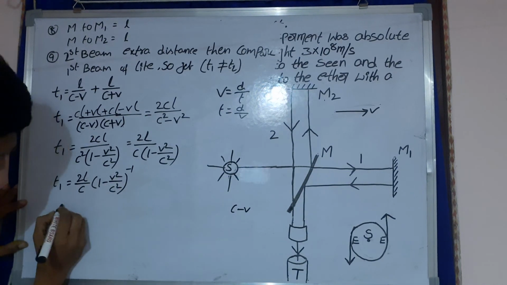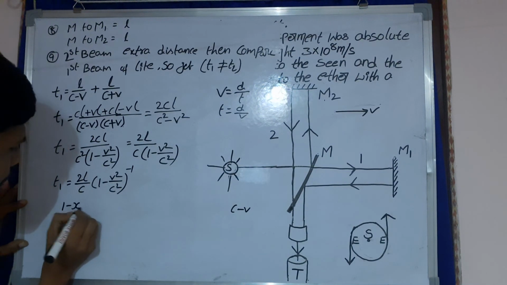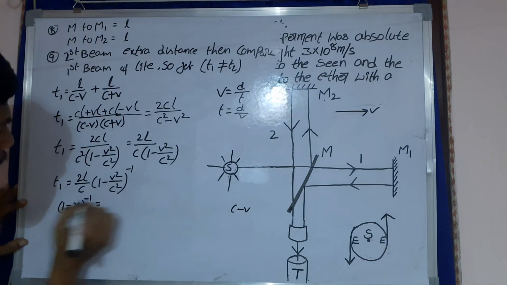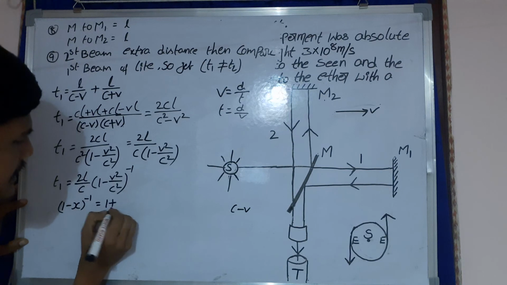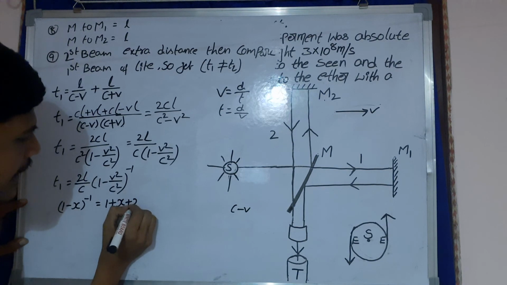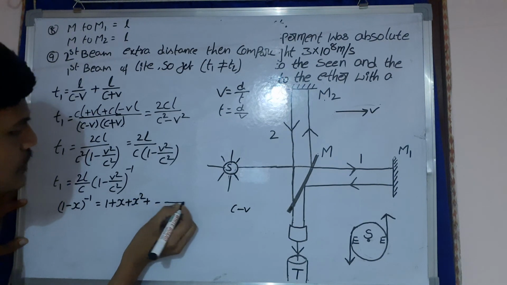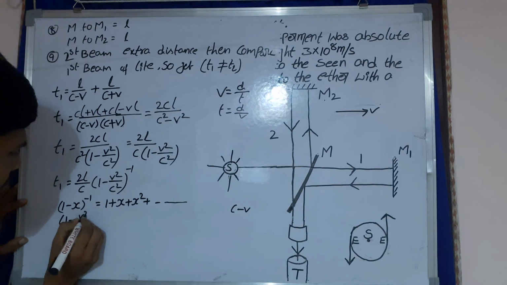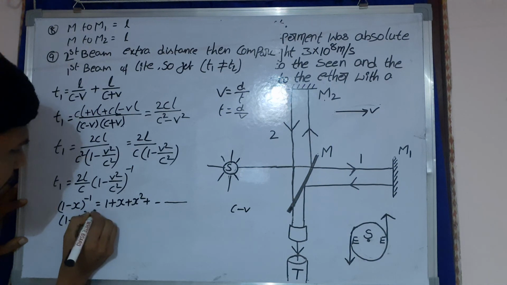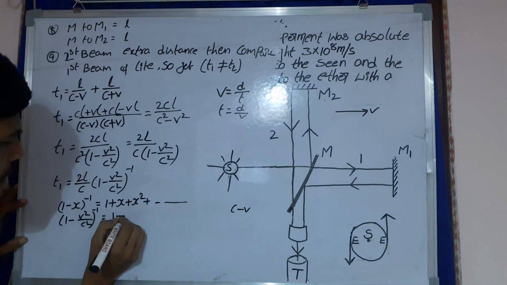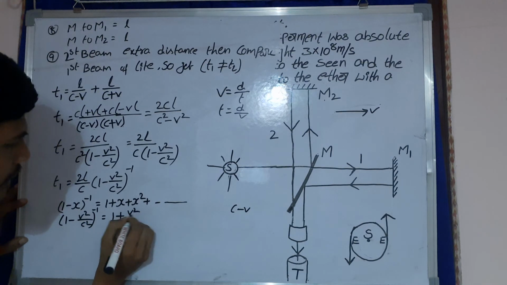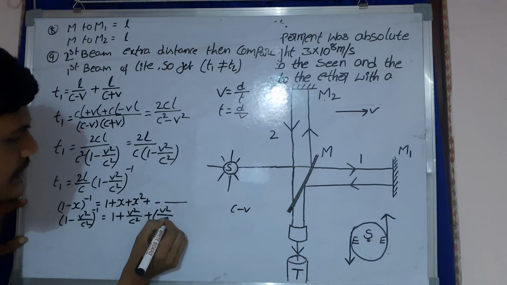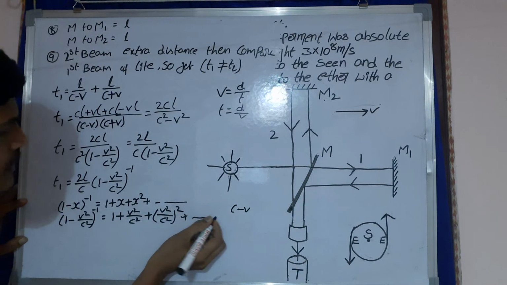This is of the form 1 minus x whole inverse, where x means v square by c square, which equals 1 plus x plus x square and so on. So 1 minus v square by c square inverse equals 1 plus v square by c square plus v square by c square whole square and so on.